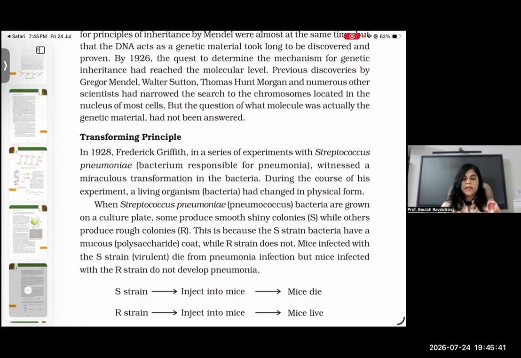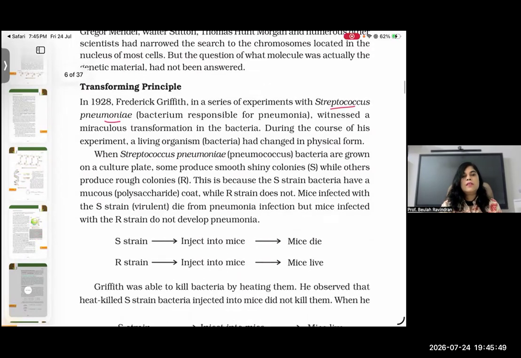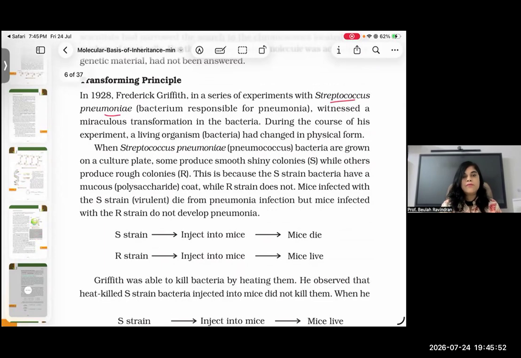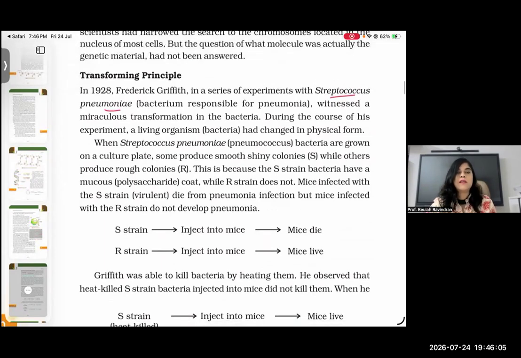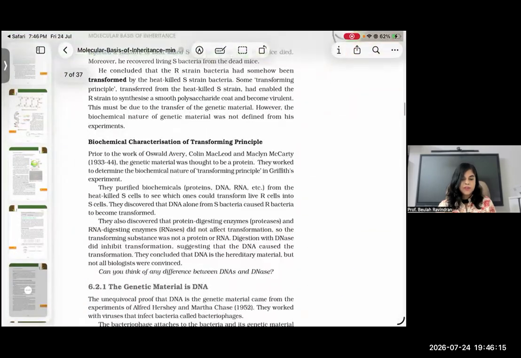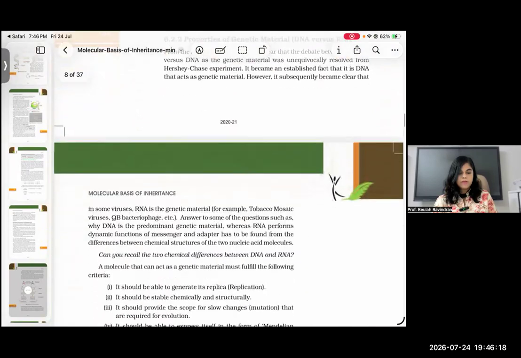This bacterium is responsible for pneumonia: Streptococcus pneumoniae. Griffith did a series of experiments on this bacterium, and during this course he observed a change in the physical form of the bacteria. It is given like that picture.